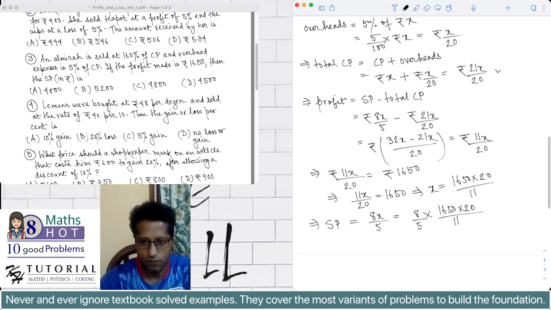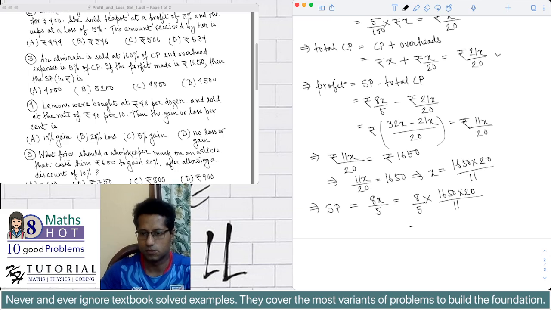So we have to find the value of this. 11 will divide 1650 giving 150, and 5 will divide 20 giving 4.